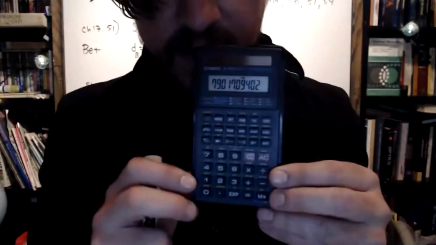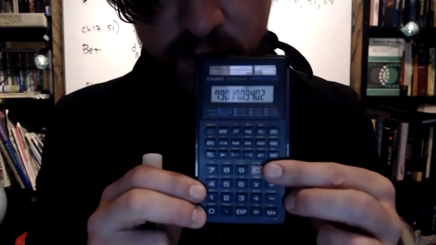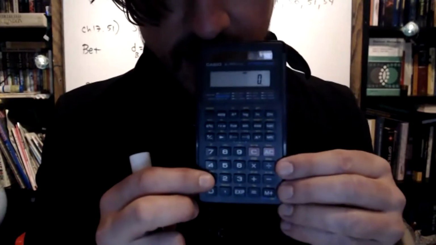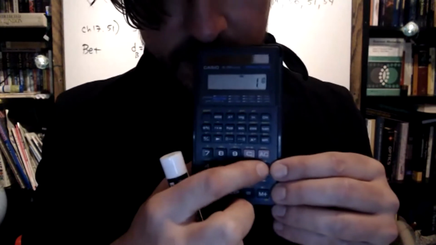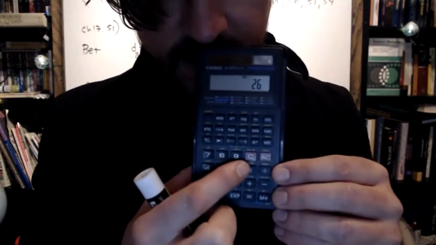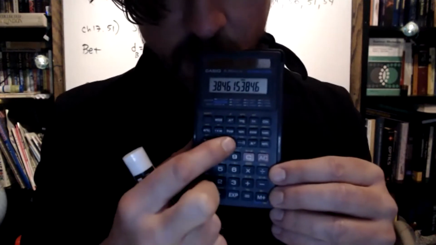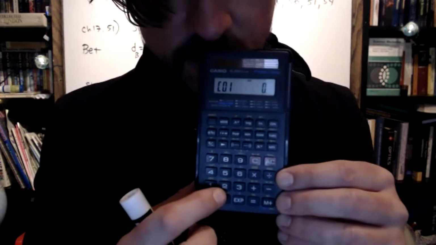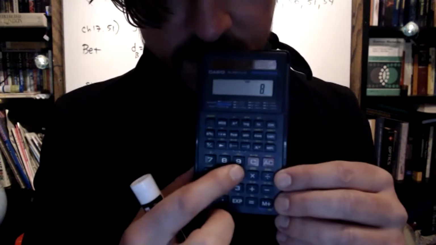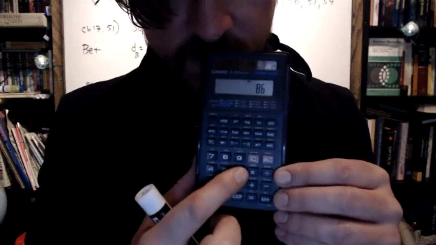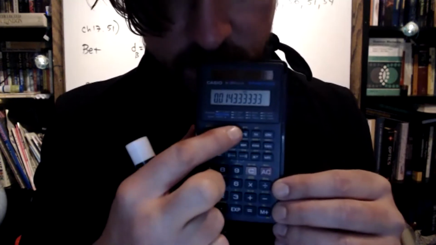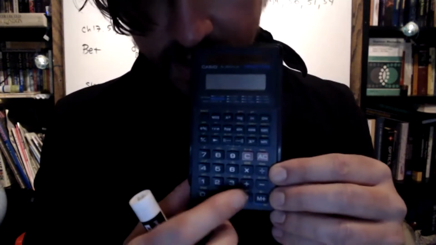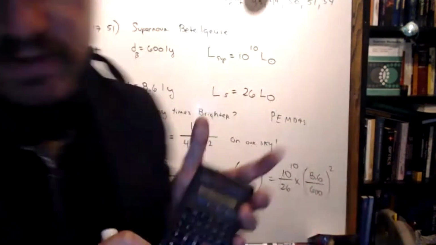I'm gonna just do that on the calculator for the benefit of night students who are confused. I did it as 1 exp10 divided by 26 times, open parentheses, 8.6 over 600, close parentheses, squared, equals 80,000 times.